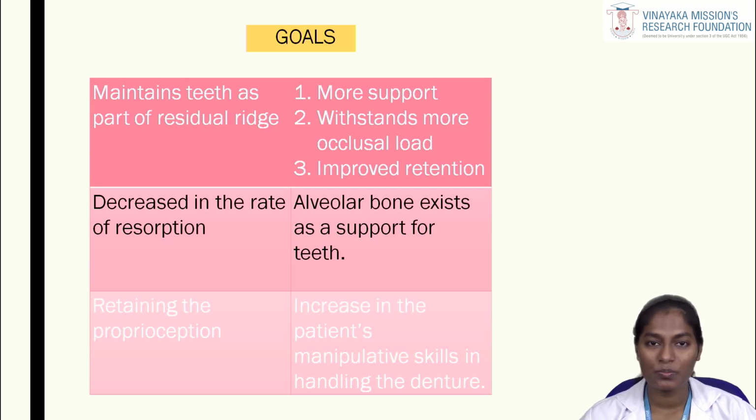When the teeth have been retained as a part of the overdenture, it is obviously going to lessen the rate of resorption. So here your alveolar bone exists for support. And also, since the teeth have been retained, the periodontal fibers, that is your proprioceptive impulses, are retained, and that increases the patient's manipulative skills for handling the denture. So these three goals are the ultimate success for your overdenture therapy.